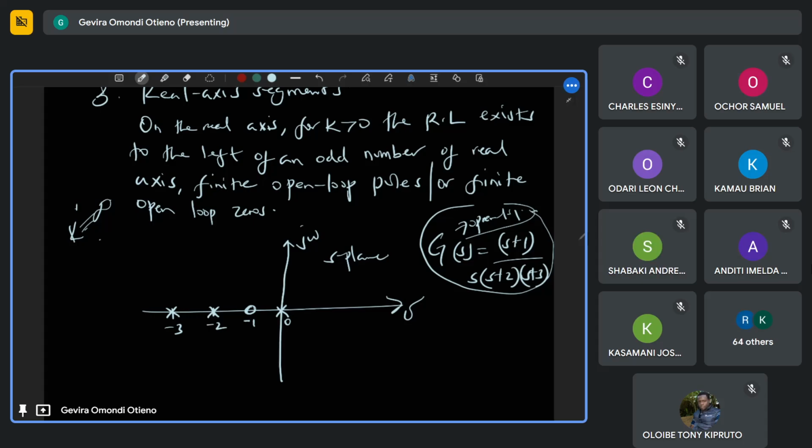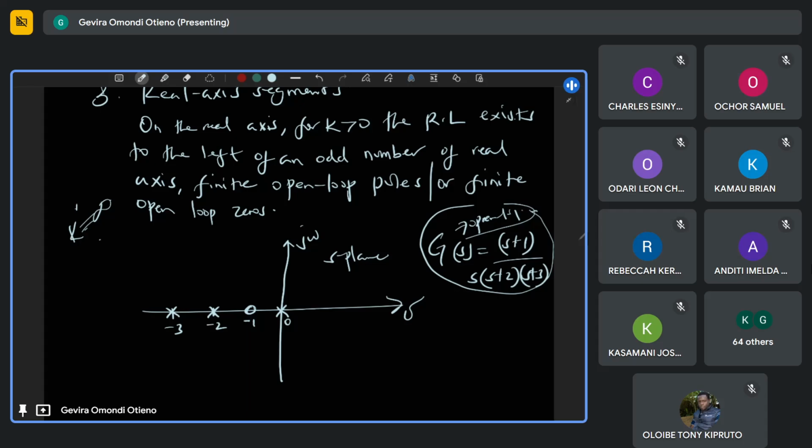So the rule says that a root locus exists only on the left of an odd number of real axis poles or zeros. Now pay attention to what that means. If I wanted to plot the root locus here, there is a hint of how or where the root locus lies. You notice it says the root locus exists to the left.